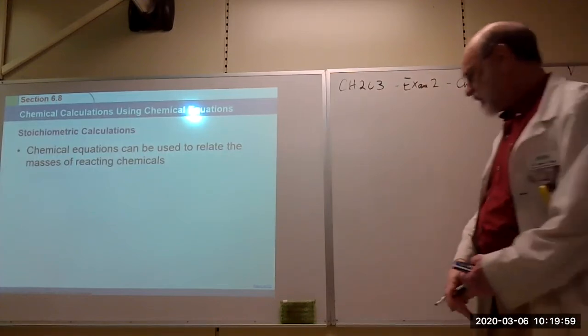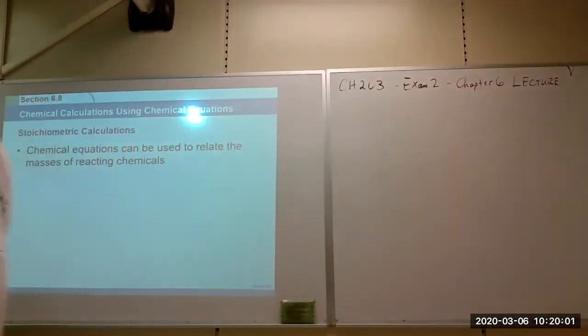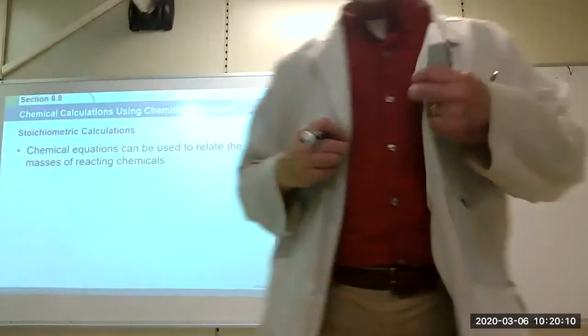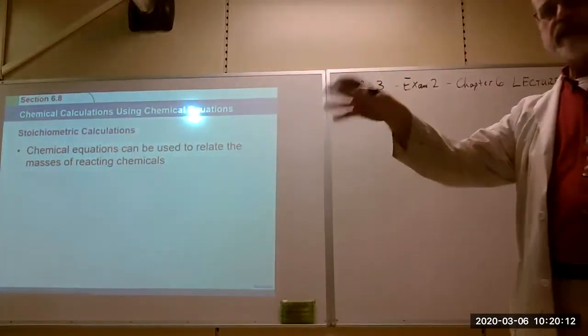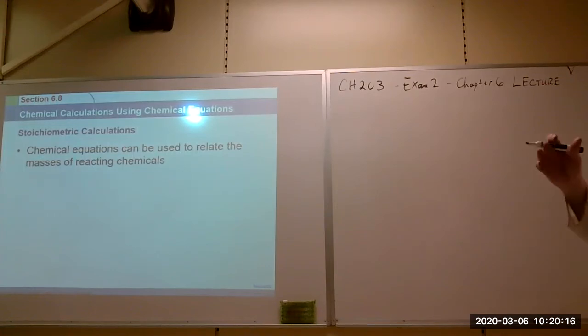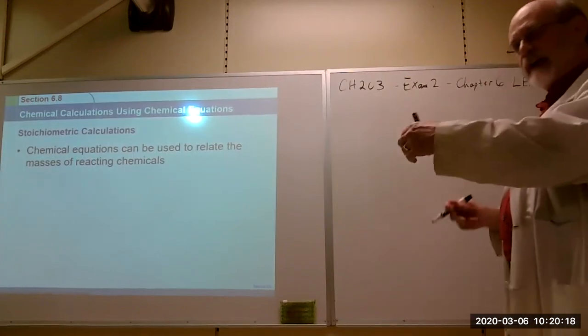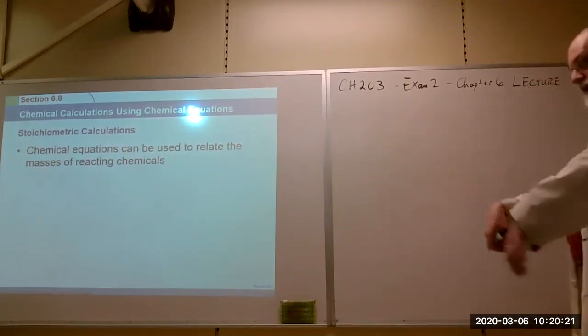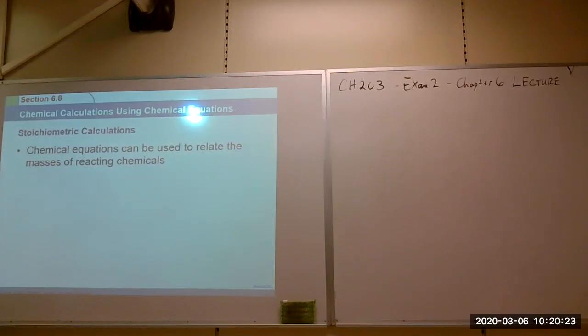Now, what do we mean by stoichiometry? Stoichiometry is the study of chemical reactions in terms of input and output. So if you have so many grams of this reactant and that reactant together, how many grams of product are you going to get?